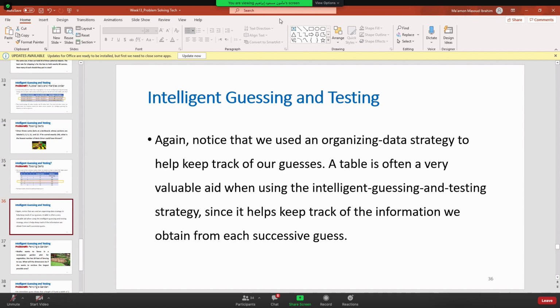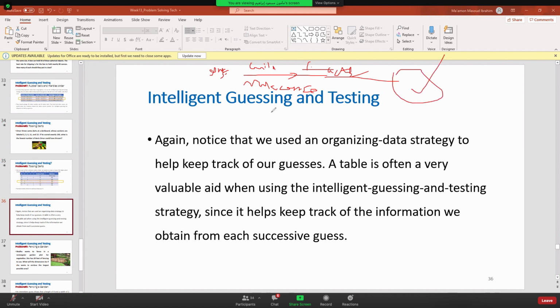Okay, so in this slide we are saying as long as your guesses are wide and make sense, that means you will reach the correct answer faster.